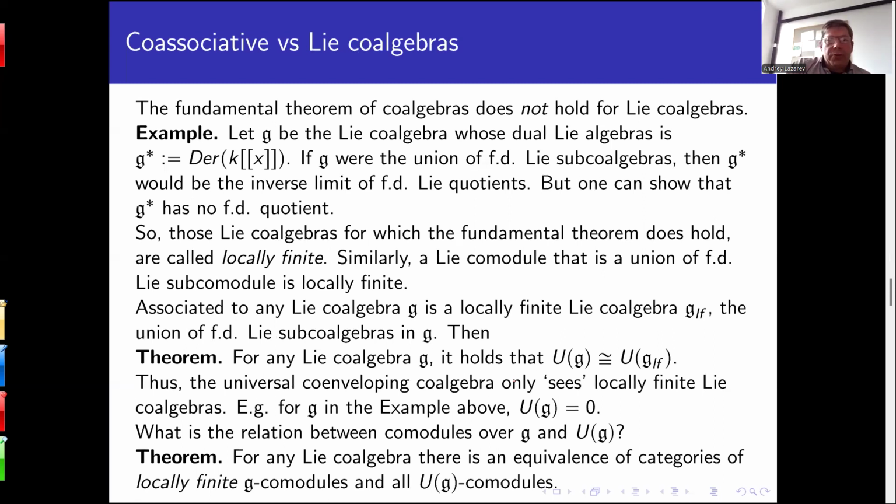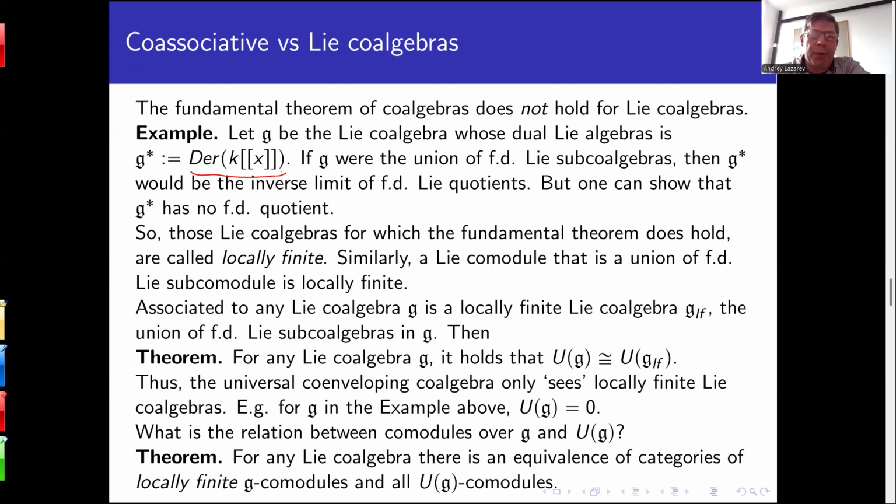Okay, so I already mentioned that the fundamental theorem of coalgebras does not hold for Lie coalgebras. And here's an example, which I probably shouldn't spend too much time on because it might take us a little bit too far afield.